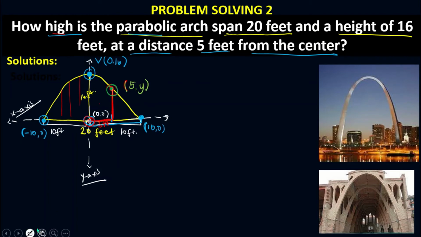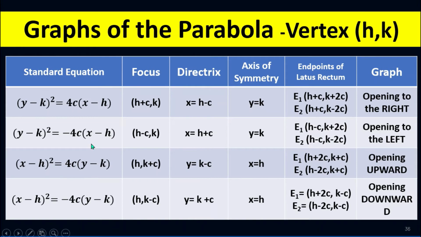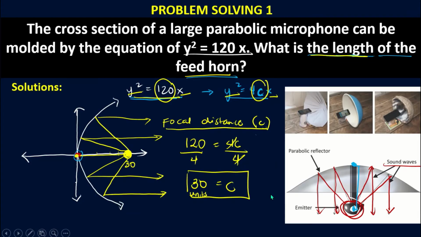We have identified it and graphed it, and we know what it looks like. Again, our target is to solve for y. Please bear in mind that when we solve this kind of problem, we must first identify the direction of the graph, the vertex, the focus, the focal distance, the equation to follow, and the points that we are going to use in our parabola.